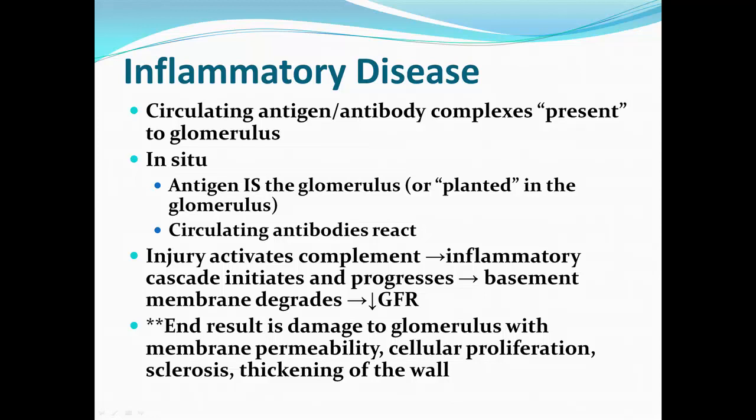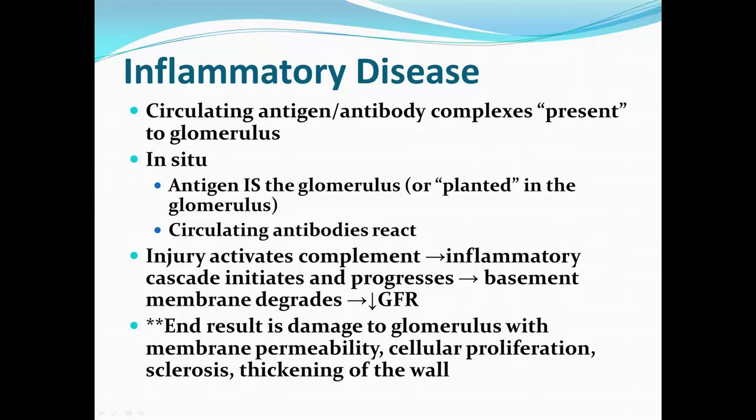As that cascade progresses, there is damage to the basement membrane of the glomerulus, and it begins to break down. When you break down that basement membrane, you decrease the glomerular filtration rate. It isn't able to do its job.